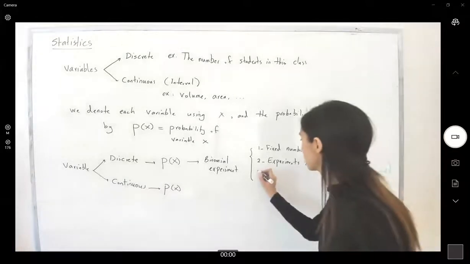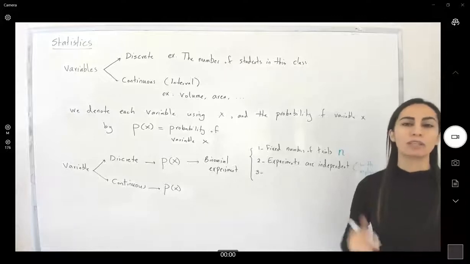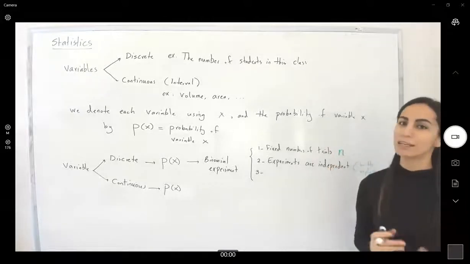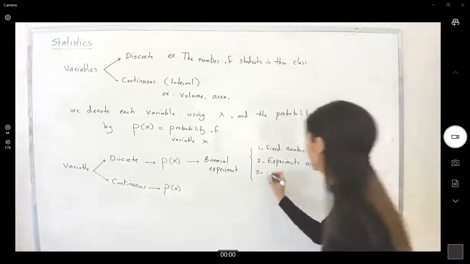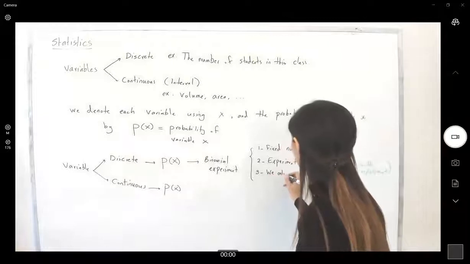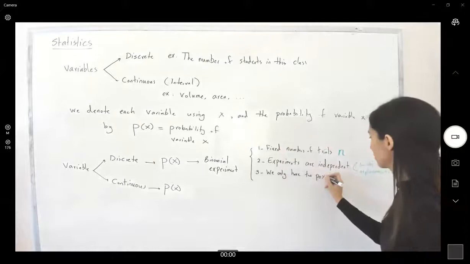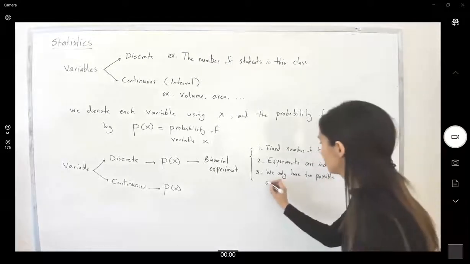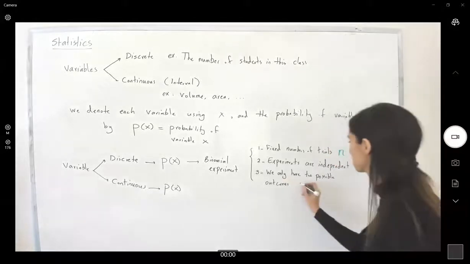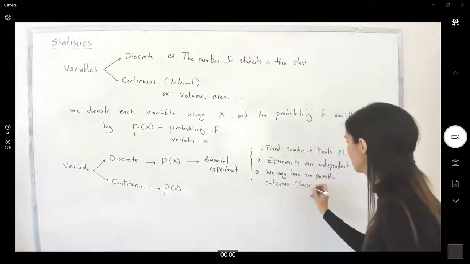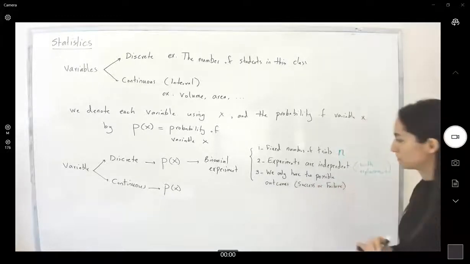Third, each experiment has only 2 possible outcomes. It's either a success or it's a failure.